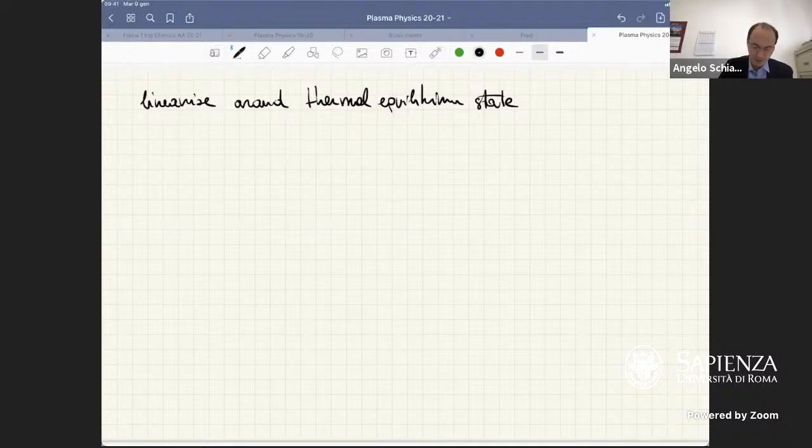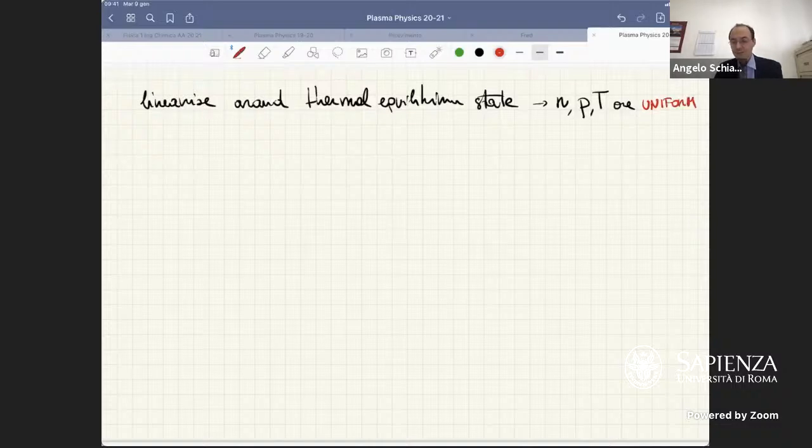It means that, for instance, the density, the pressure, and the temperature of the plasma are uniform, and this is important.